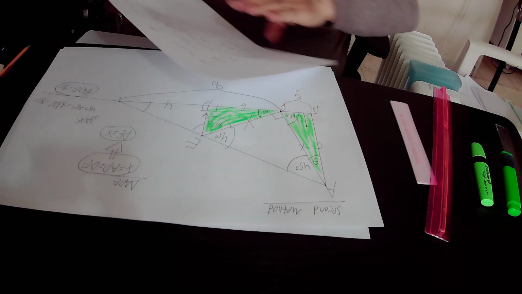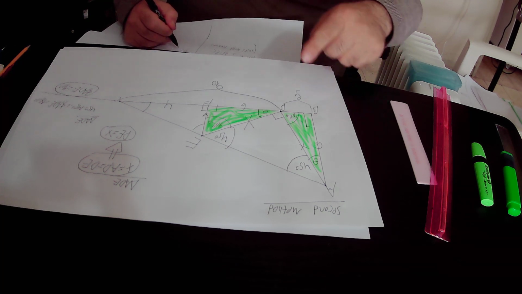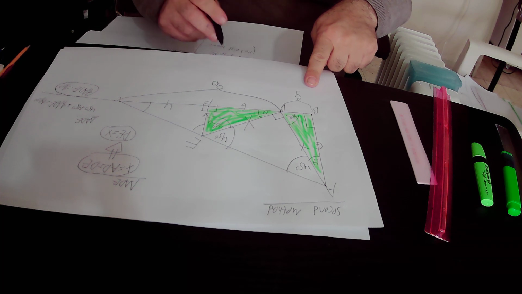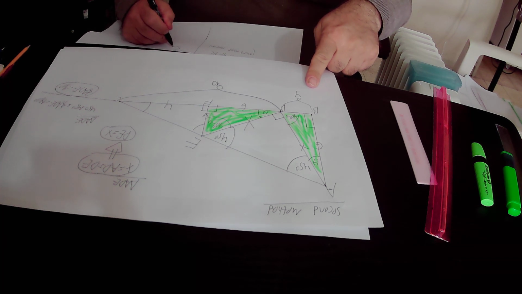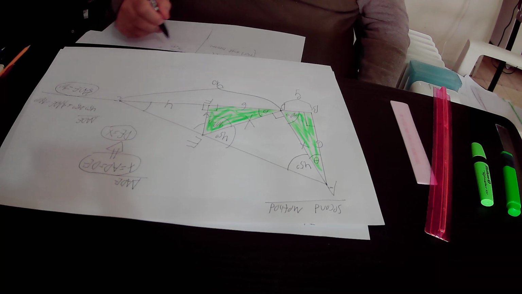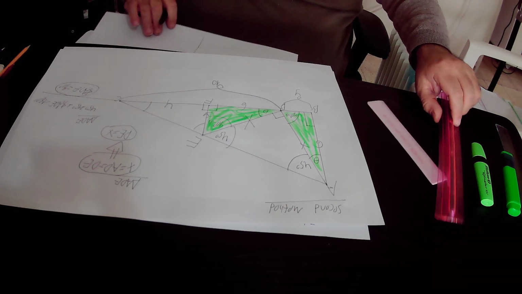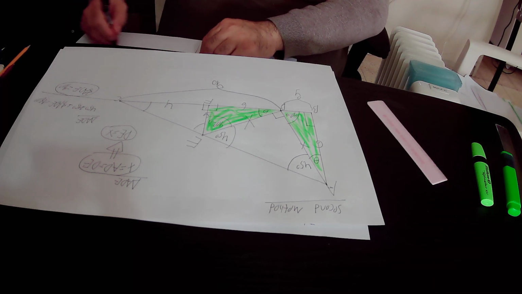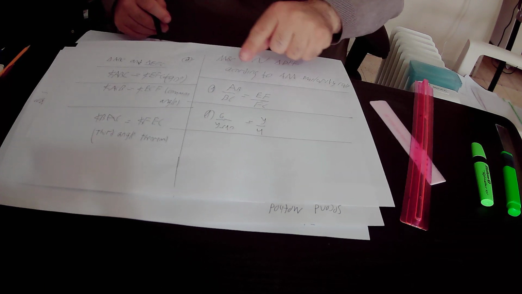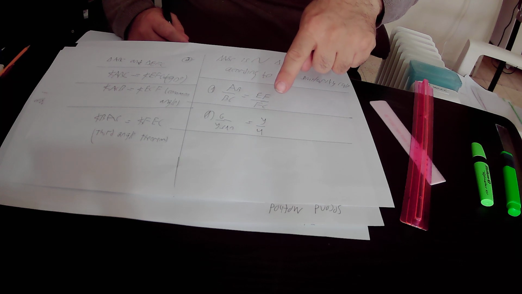Here AB is equal to 6 units, BC is equal to y plus 10, EF is equal to y, and FC equals 4. So in conclusion, according to equation number 1, 6 over y plus 10 equals y over 4.